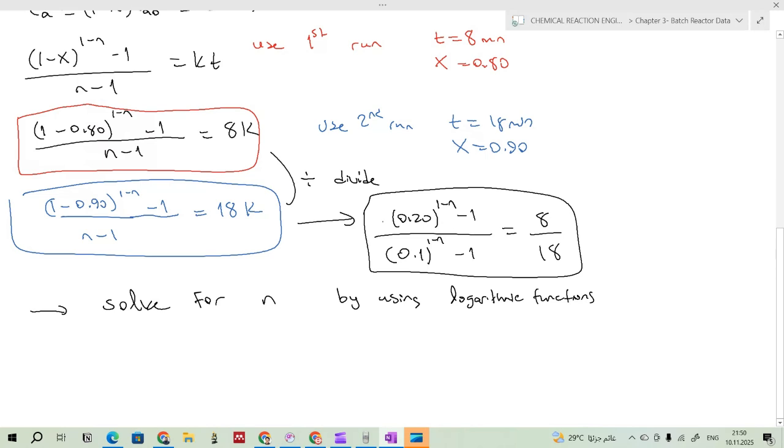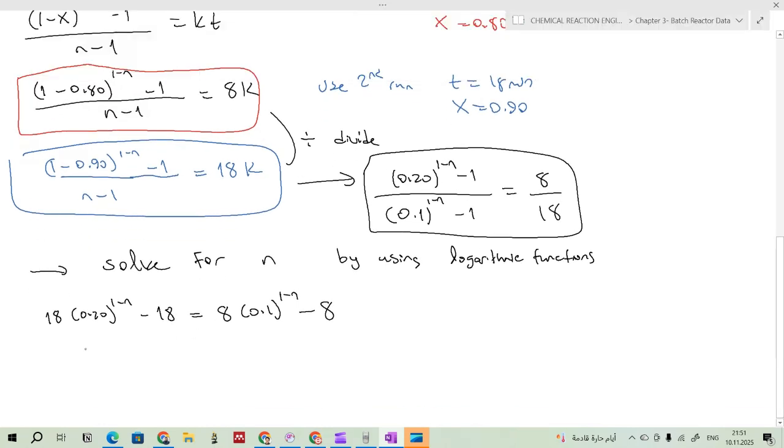Okay, 18. You can bring it to the other side. So 18 times 0.2 to the power 1 minus n, minus 1, is equal to 8 times 0.1 to the power 1 minus n. It's actually distributed here, so it is also 18. So you distribute this to this numerator and this to the other numerator. So you have 8, also you have minus 8, okay?